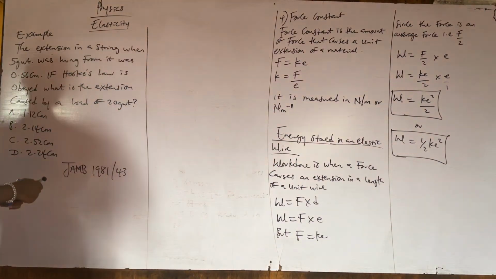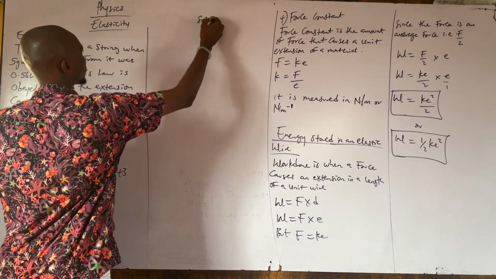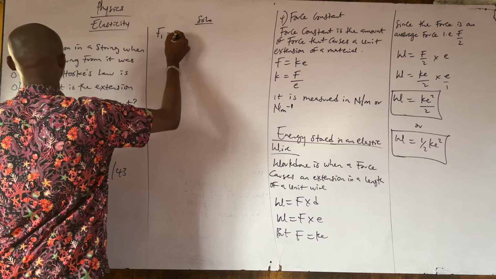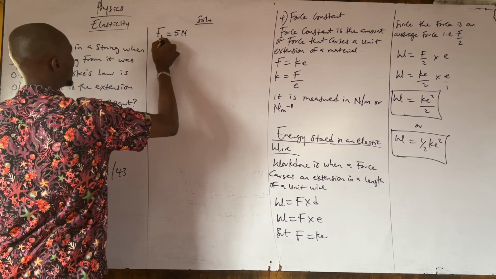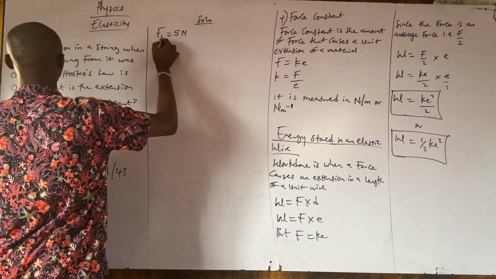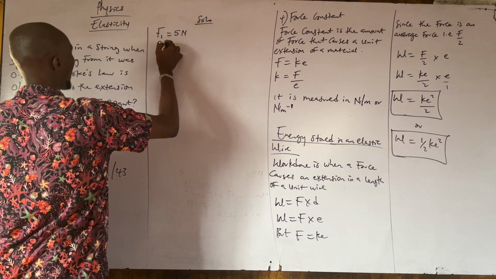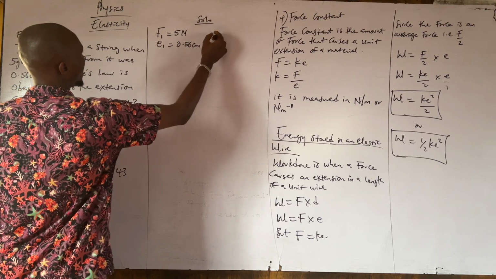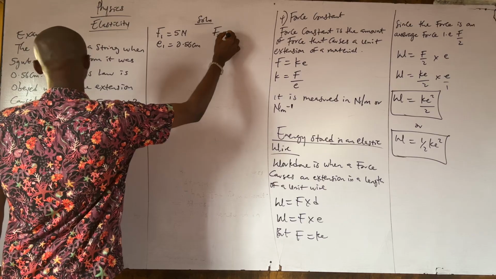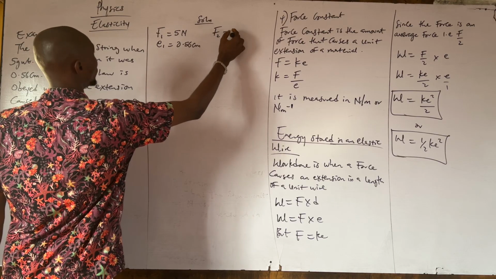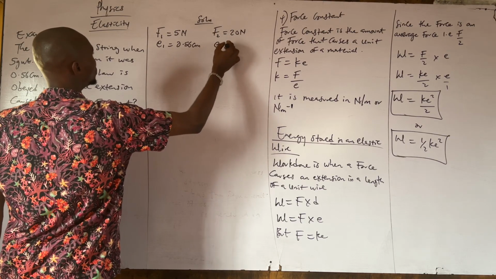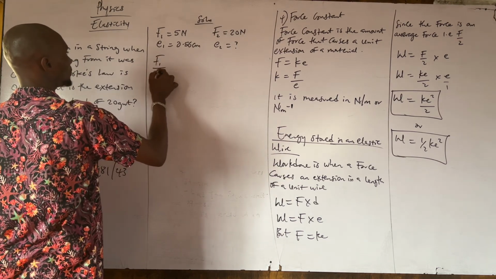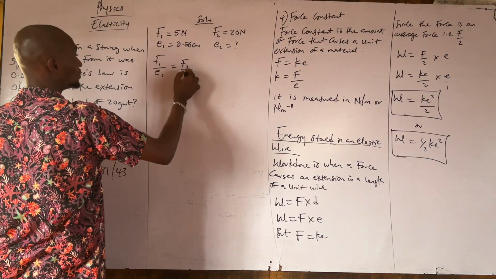Good. So here now, solution. We have our F1 as 5 Newton, E1 is 0.56 cm, F2 is 20 Newton, and E2 is unknown. So F1 over E1 is equal to F2 over E2.